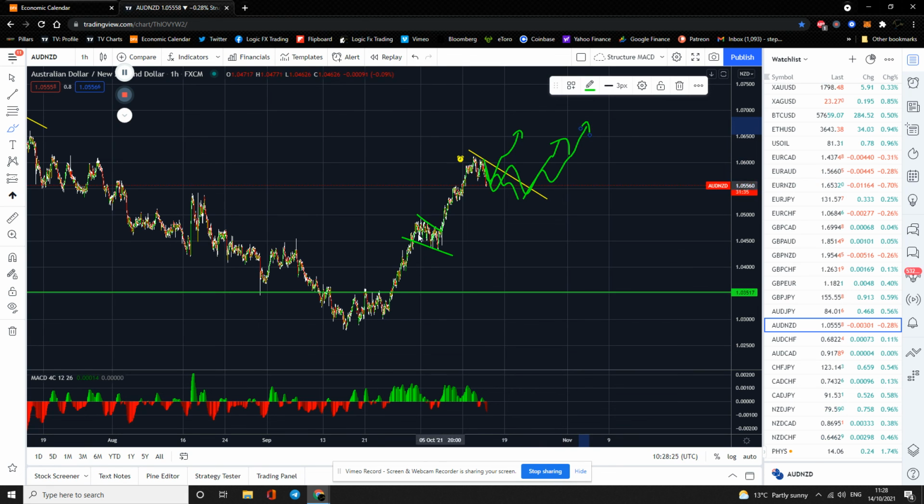And just looking at this, it's quite impulsive. And see, if that was a nice 1, then you could say, well, it's a 1, 2, 3, 4, 5. But it's not a nice 1. So you start counting from there, 1, 2, 3. But then that third wave looks a bit short to me.